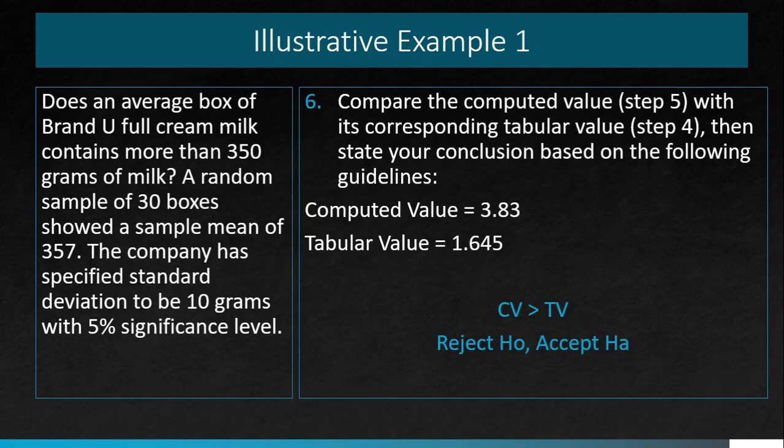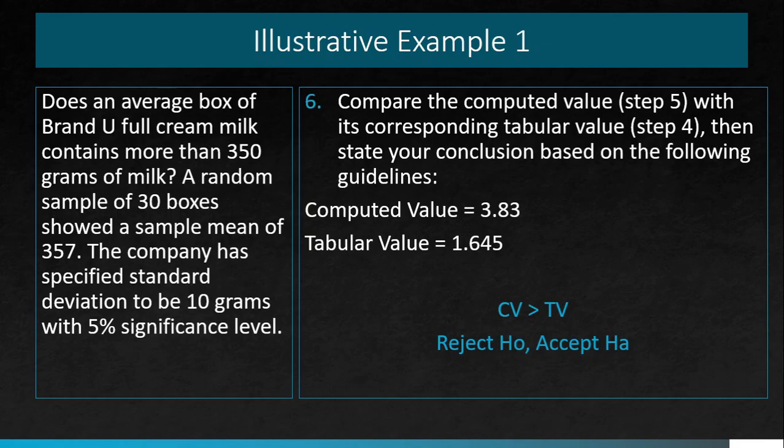But if your computed value is less than your tabular value, the difference is insignificant, so you will accept your null hypothesis. But here, the computed value is higher than the tabular value, so we will accept the alternative hypothesis and reject our null hypothesis.